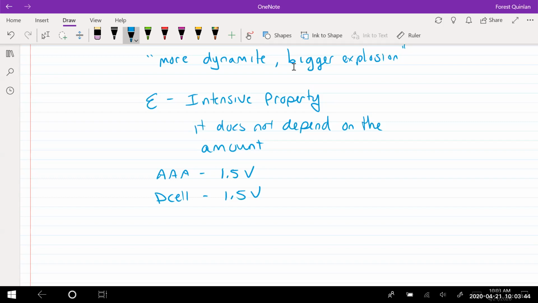Being bigger just means they last longer. Okay, the n F is what turns that extensive into an intensive.